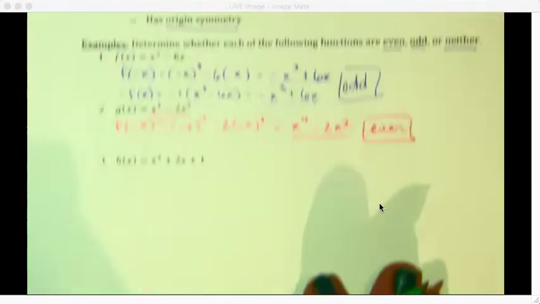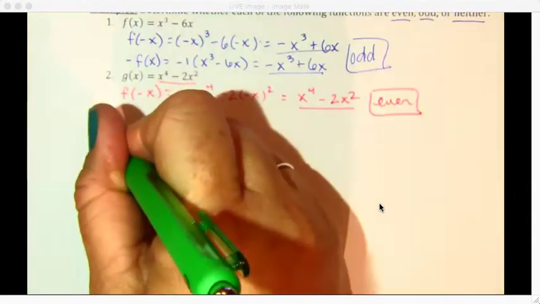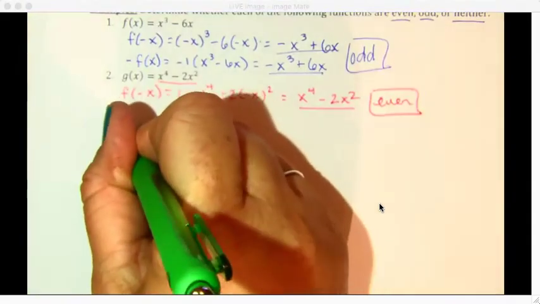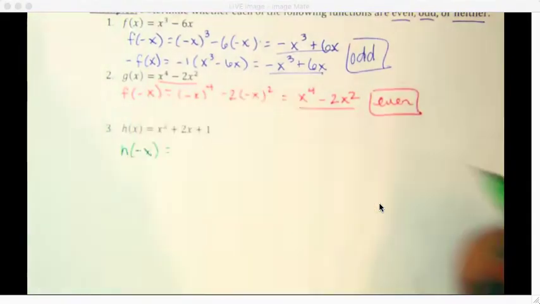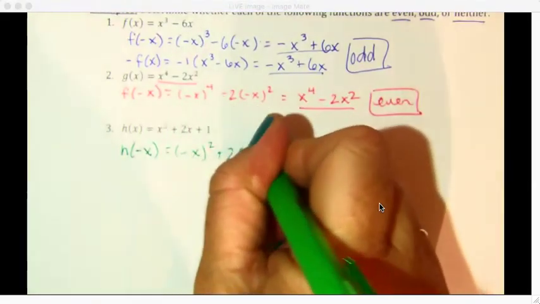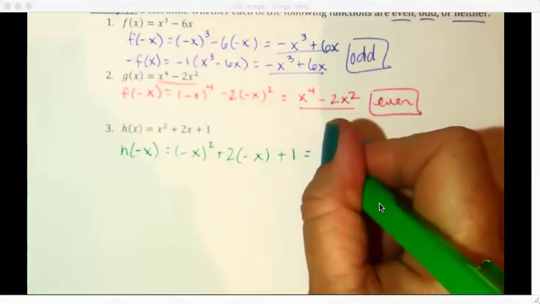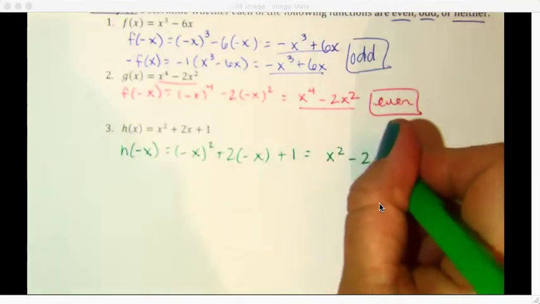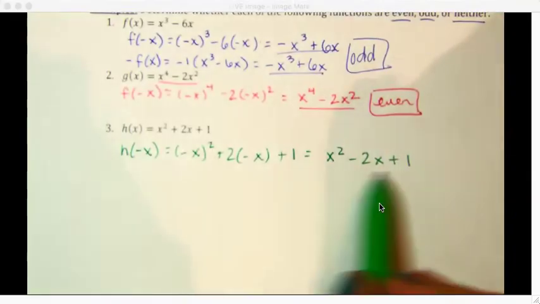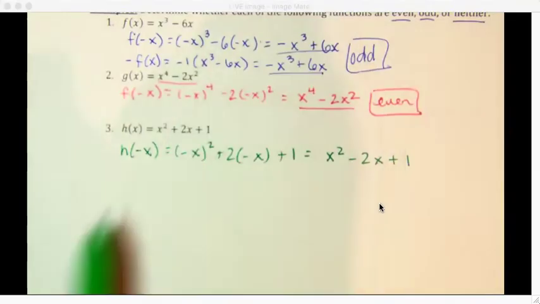And lastly, we have x squared plus 2x plus 1. First, I'm going to look to see if it is even. And so I have negative x squared plus 2 times negative x plus 1. And that gives me x squared minus 2x plus 1. Almost exactly the same as the original, but this one sign change is what's throwing it off.